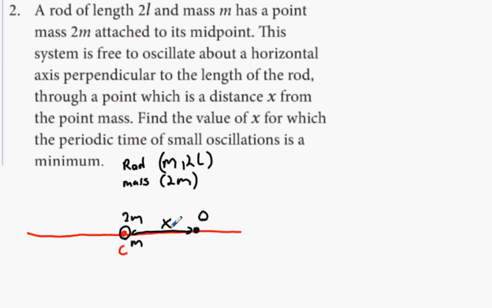So for the point mass, we're using md squared. So what's the point mass again? It's a moment of inertia about O through an axis that goes into the board, perpendicular to the plane of the board. Anybody? Md squared, so it's going to be 2m x squared.